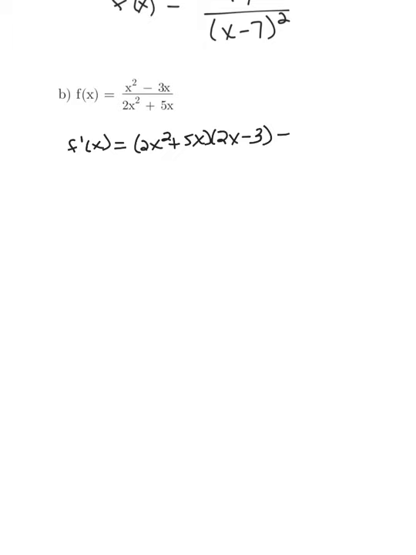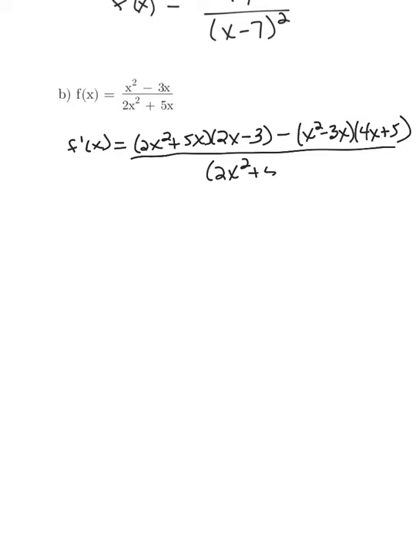Then it's always minus. Now start with the numerator, x squared minus 3x, times the derivative of the denominator, which will be 4x plus 5. All of that goes over the entire denominator, 2x squared plus 5x, that is being squared.